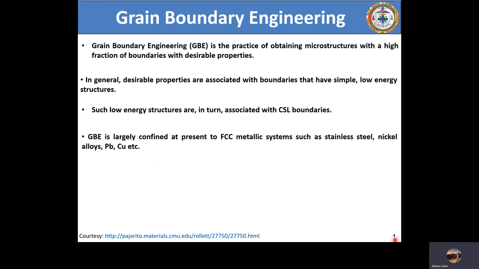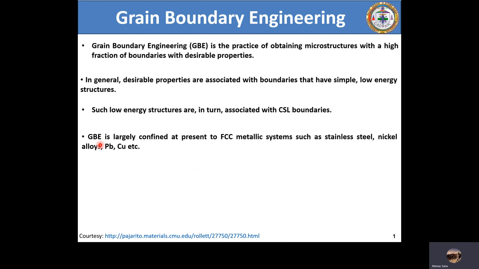So generally the atomic arrangement does not allow, under normal conditions or under equilibrium conditions, the formation of twins. As a result, it's very hard to obtain a twin microstructure in BCC metallic materials. So grain boundary engineering is very hard to employ there.